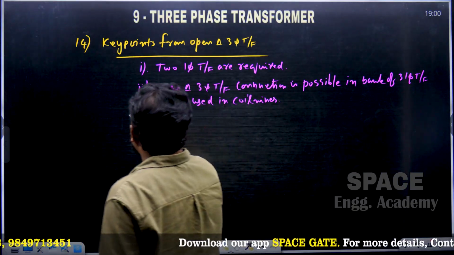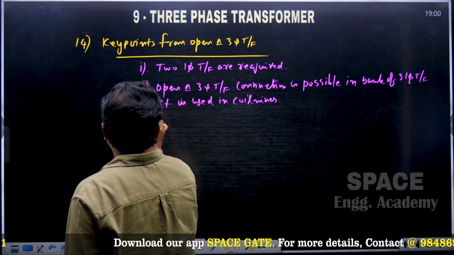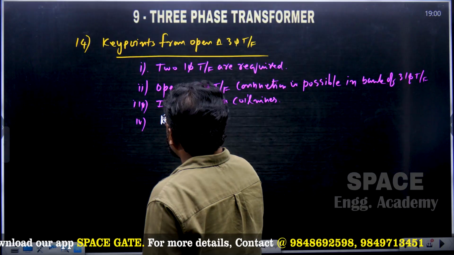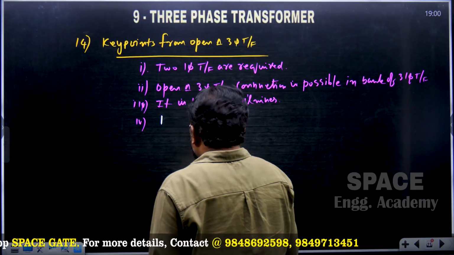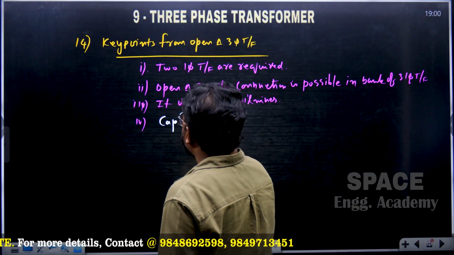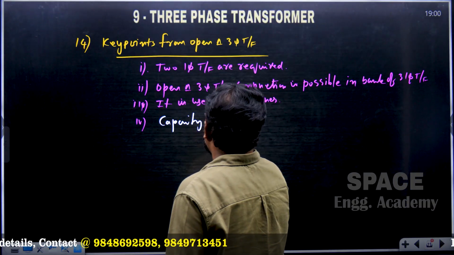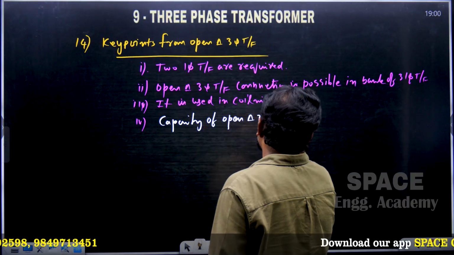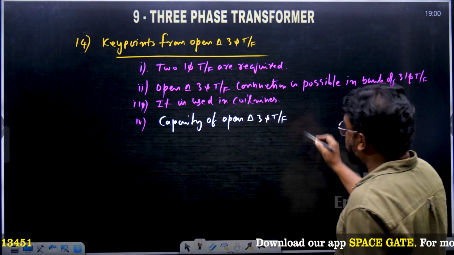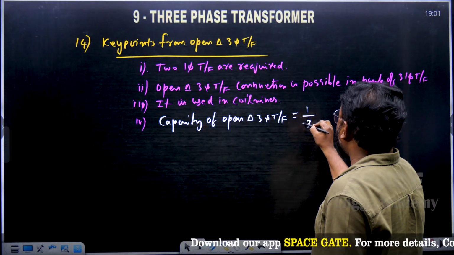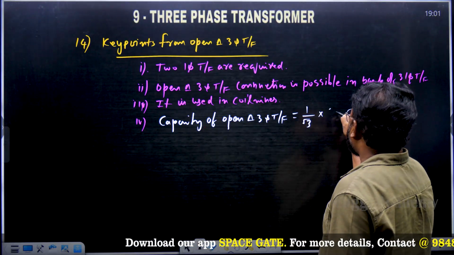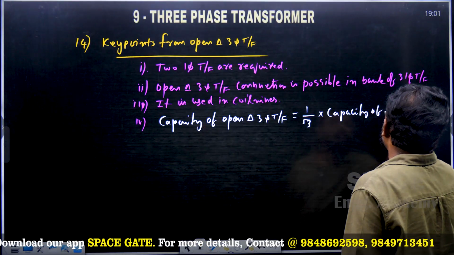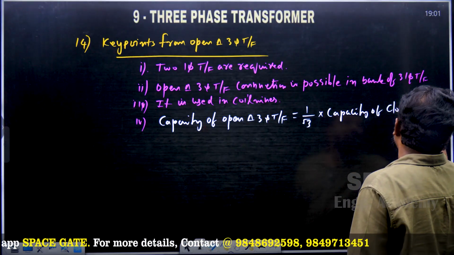And the next possible question from here, the fourth point: sometimes the kVA capacity of the open delta connection. The capacity of an open delta three-phase transformer is equal to 1/√3 times the capacity of the closed delta three-phase transformer connection.